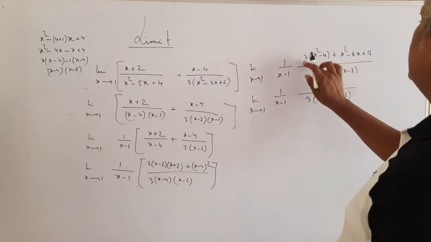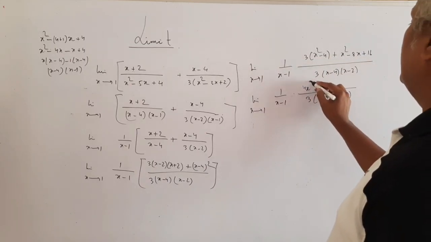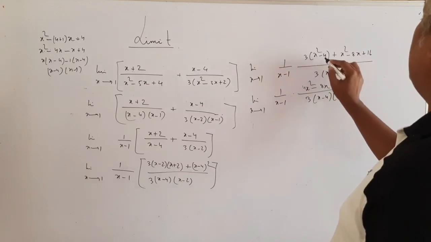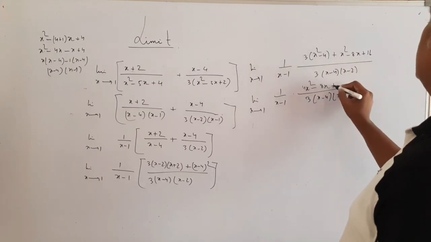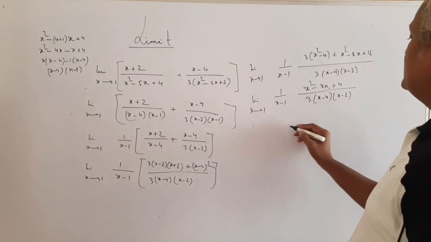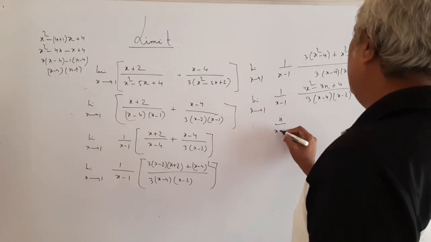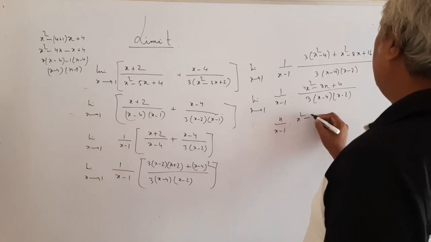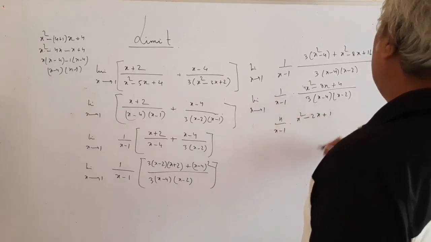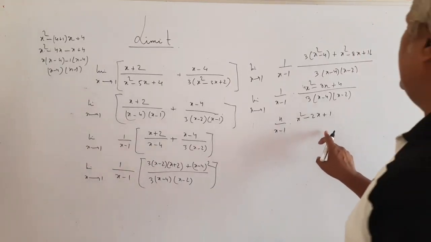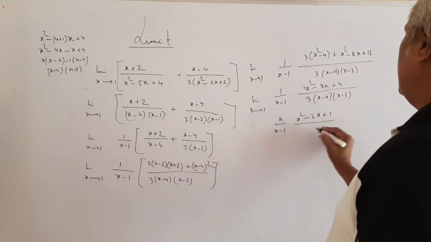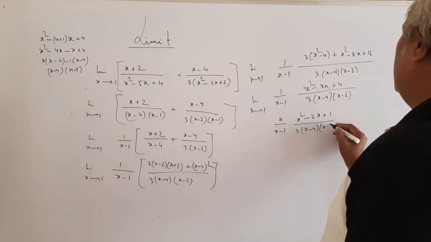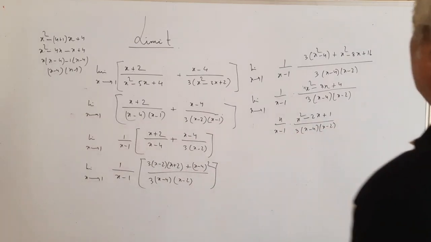Now I just say x square plus x square is 2x square, and this is 4x square minus 8x, and minus 4 plus 16 is 12. So 4 is common, so I can write 4 over x minus 1, and what becomes x square minus 2x plus 1? If you see it properly, this is nothing but x minus 1 whole square. So 3 times (x minus 4)(x minus 2).